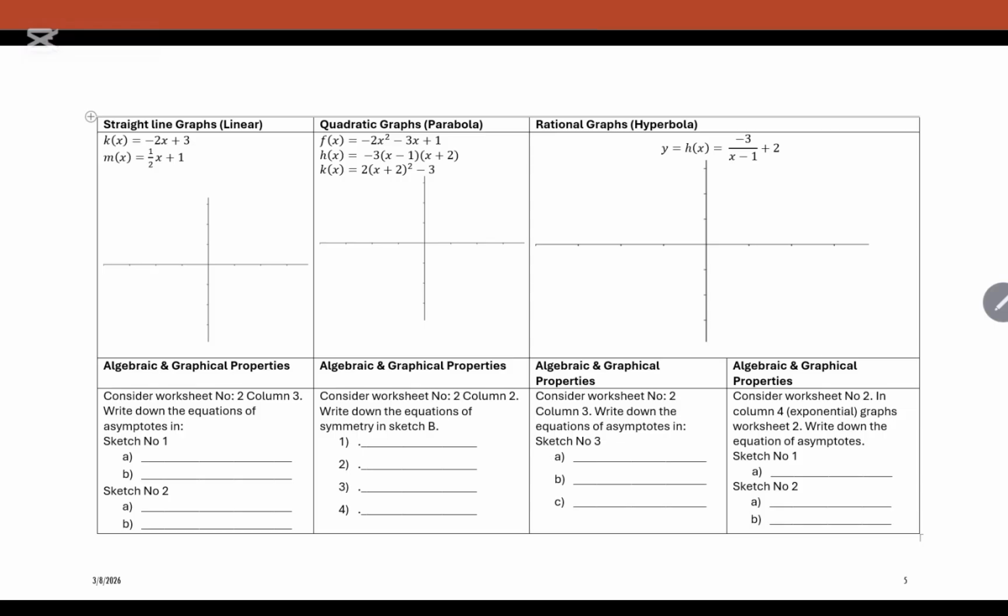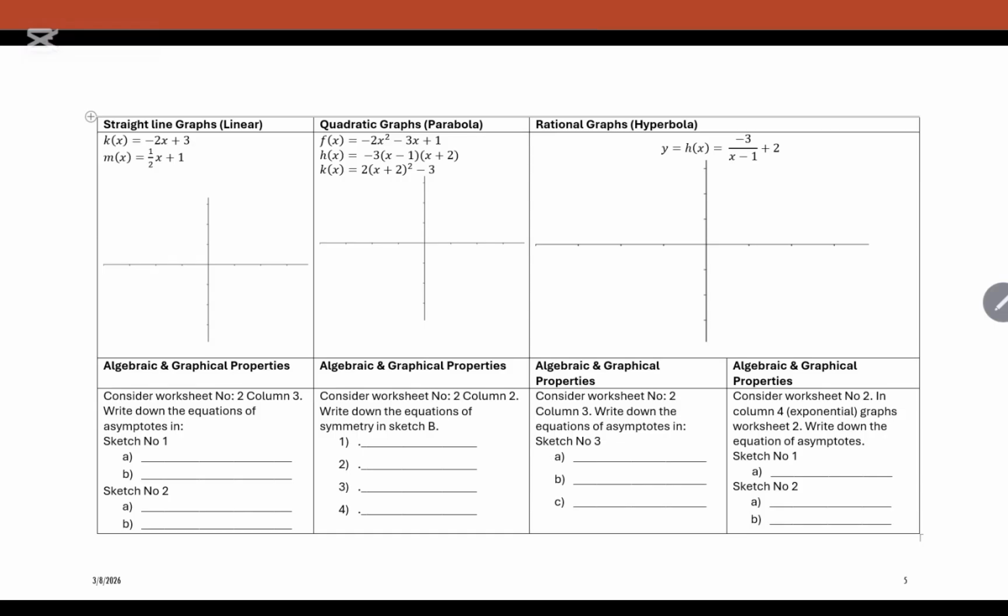They include grade 11, grade 10, and grade 8 and 9. So these are the straight lines, these are the parabolas. So you simply ask the learners to sketch the graphs and you do the corrections with them.